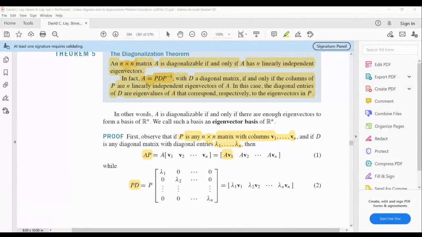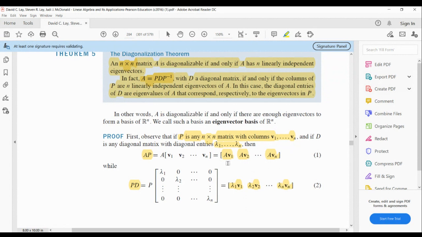That's right, Binyam. Lambda 1 times V1. What's A times V2 have to equal? That's right, Sega. Lambda 2 times V2. And so forth.